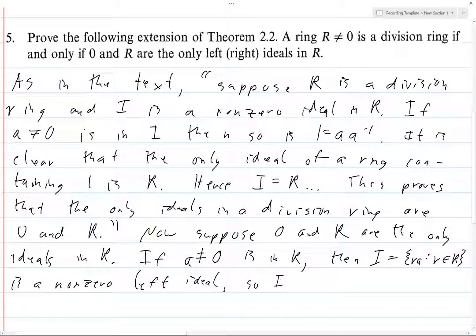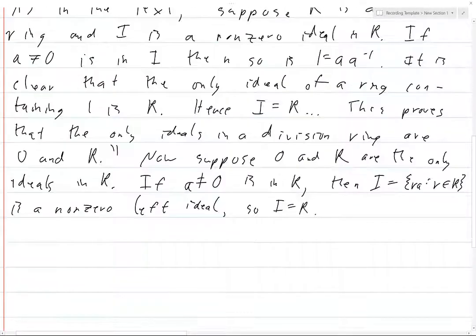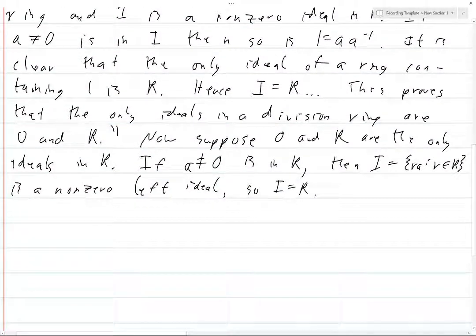So I equals R. I have to scroll down. So 1 is in I, so there exists some element r in R such that ra equals 1.